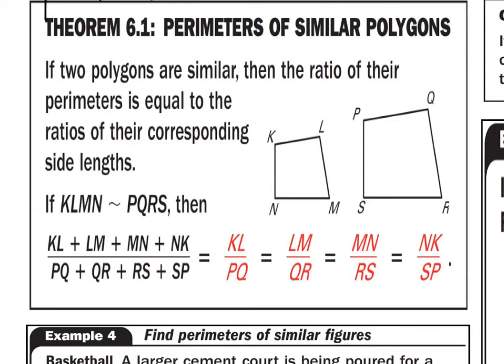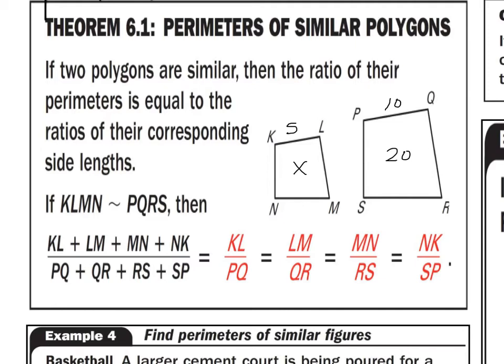For example, let's say the perimeter of this shape is X, the perimeter of this shape is 20, and we'll use KL and PQ, and I'll say this has a distance of 5, and that has a distance of 10.